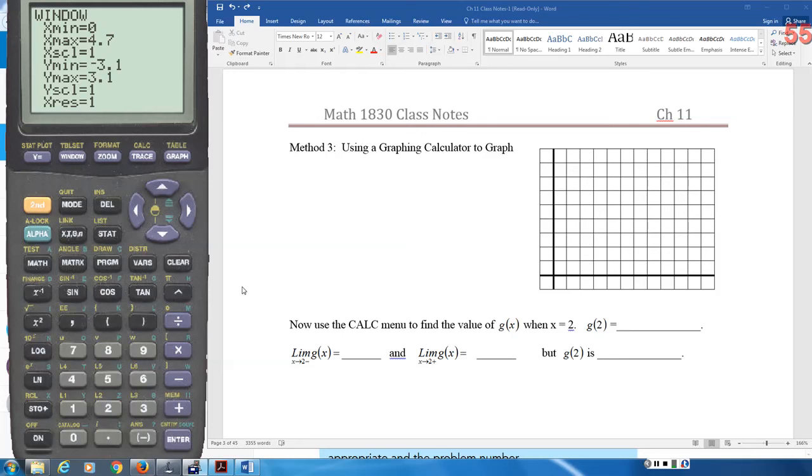So let it go 0 to 4.7. And 2 is in between 0 and 4.7, so that'll be okay. I also don't care too much about what goes on below the x-axis, so I'm going to let the minimum value of y also be 0.